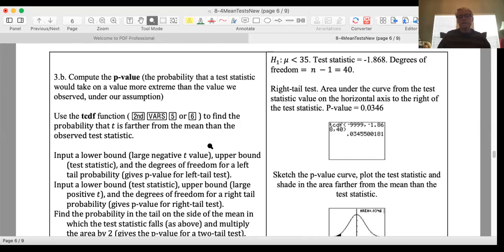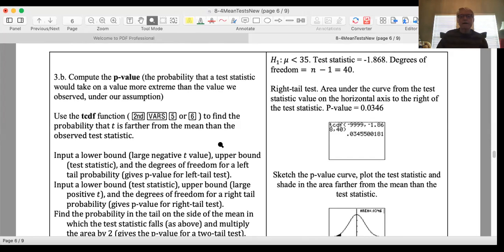Our test statistic is on the left, so we're going to find the area underneath the curve farther to the left, farther from the mean than negative 1.868.